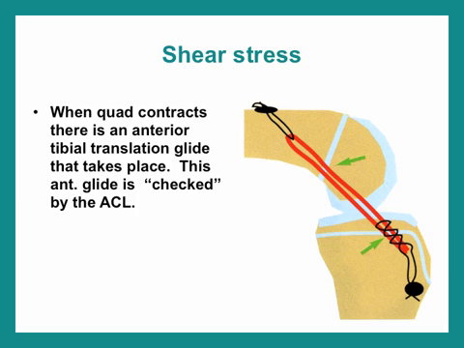If we look at the knee and see what happens when somebody contracts just their quadriceps, because the quadriceps attaches to the front of the tibia, we'll notice that there is an anterior tibial translation glide that takes place. In a knee, this anterior glide is checked or controlled by the ACL, the anterior cruciate ligament.